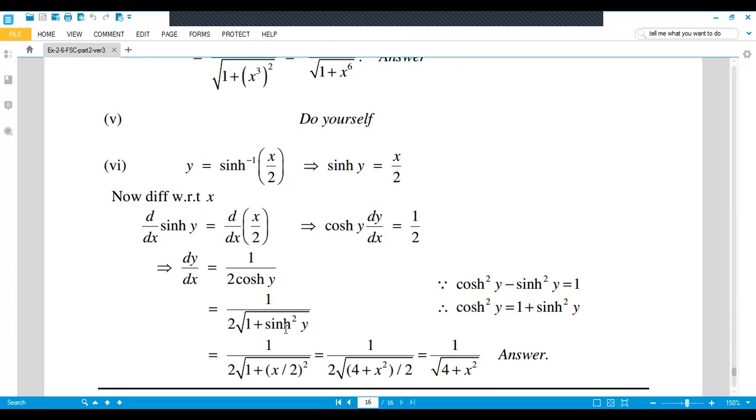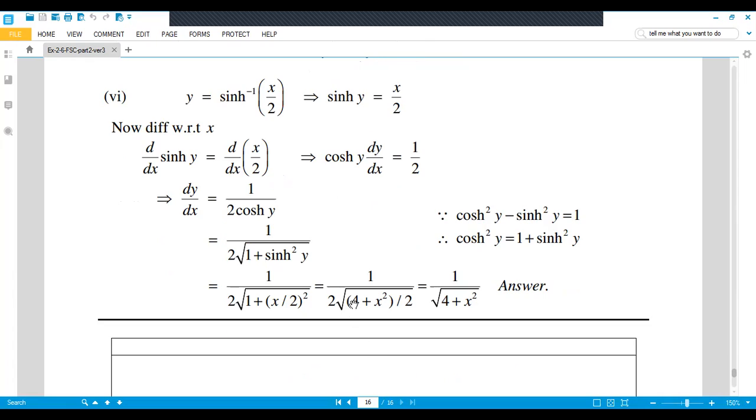And the sinh y value is given as x over 2, so here the square is given, so x over 2 square, and you get 1 over 2 square root of 4 plus x square, we take the LCM, divided by 4. So when you take it out of the square root, it will be 2, so this 2 and this 2 cancel, and you get 1 over the square root of 4 plus x square.